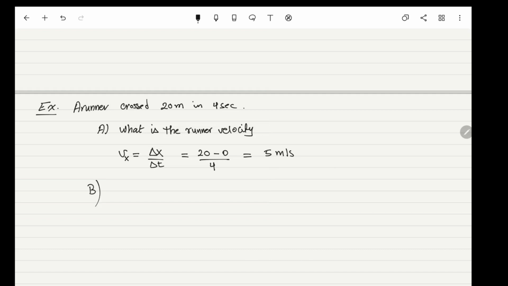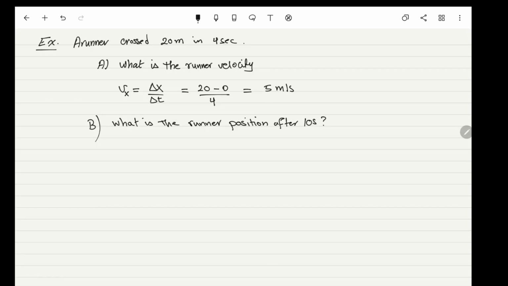If the runner continues his motion after the stopwatch is stopped, what is his position after 10 seconds? Now, the final position equals the initial position plus v initial x t plus half a t squared.